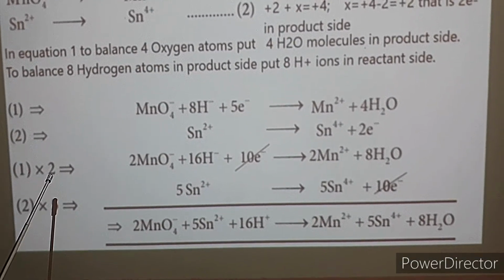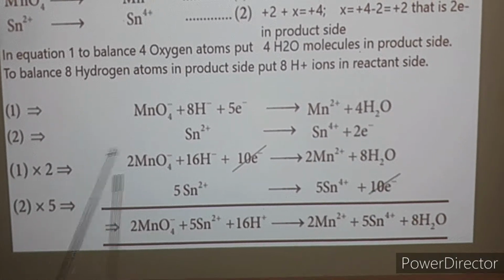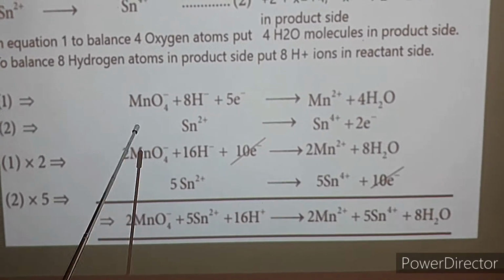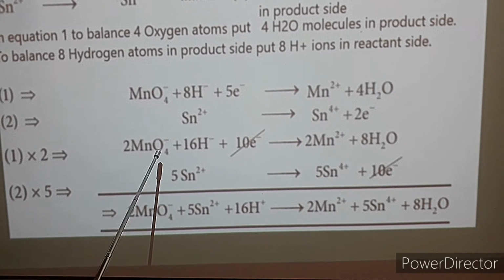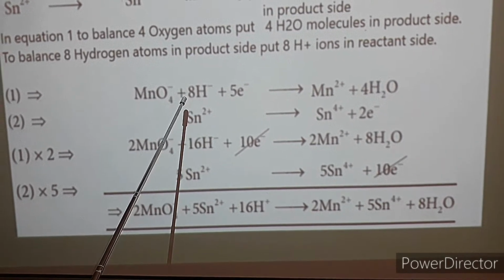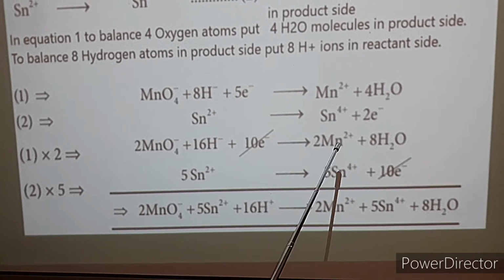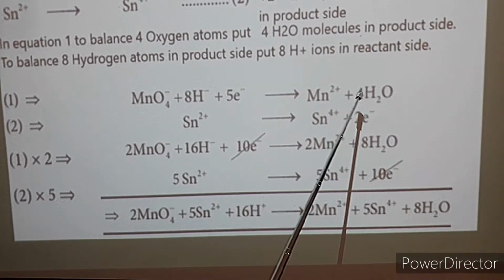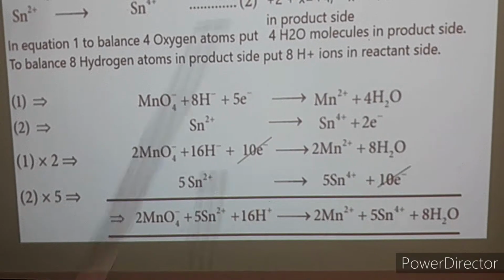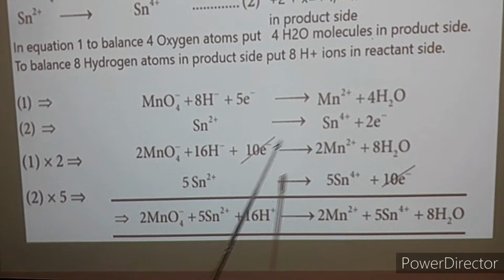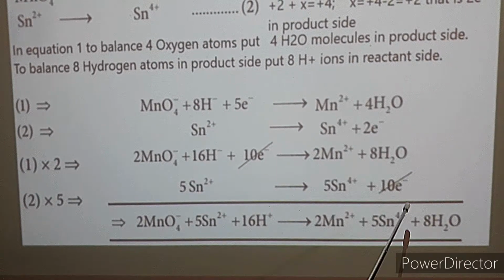The same number you are multiplying throughout the equation. Here MnO4 minus multiplied by 2 gives 2 MnO4 minus, and 8 into 2 gives 16 H plus, and 5 into 2 gives 10 electrons. Here also 2 Mn 2 plus, and 4 into 2, 8 water. In the same way, the second equation multiplied by 5 gives 5 Sn 2 plus, 5 Sn 4 plus and 10 electrons.